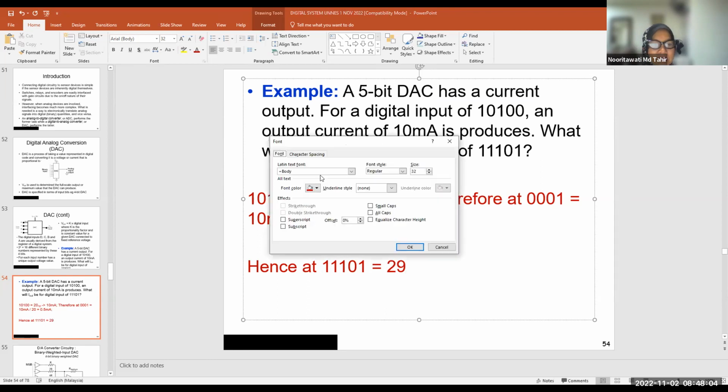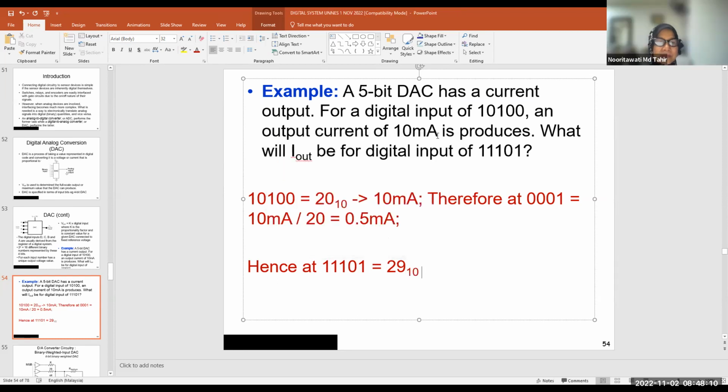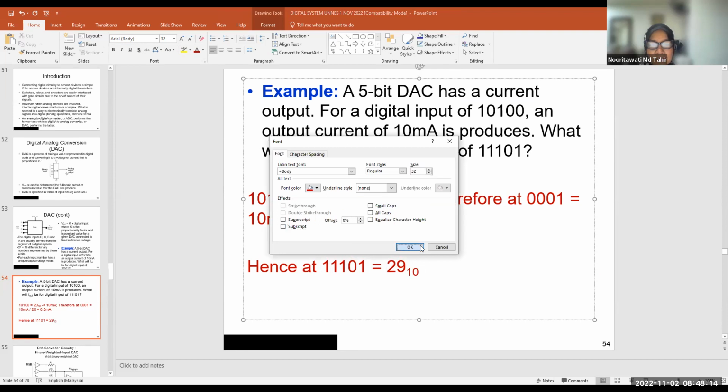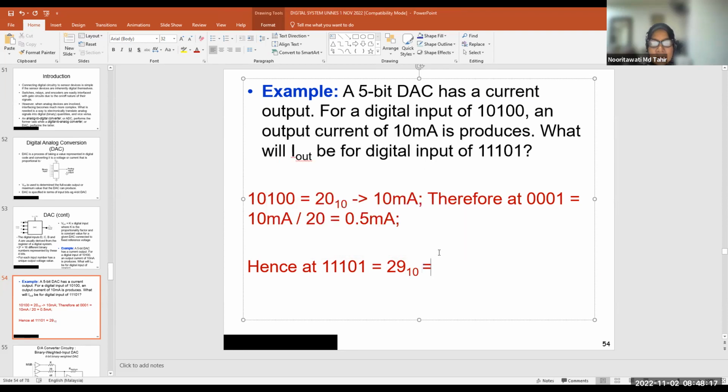Betul lah? Kalau tak betul cakap kat saya tahu. 29, yes. So we will get 0.5 milliamp times by 29. So we will get berapa tu?